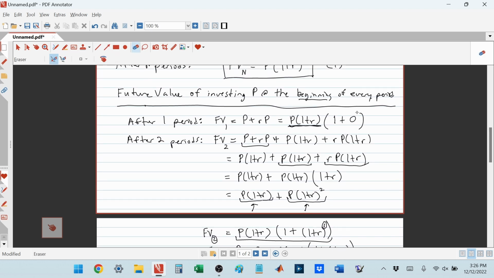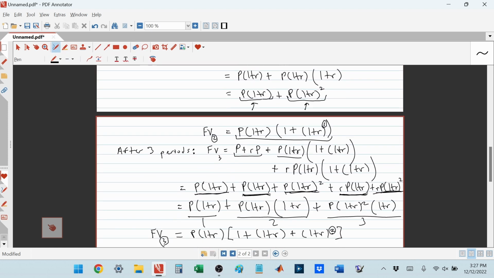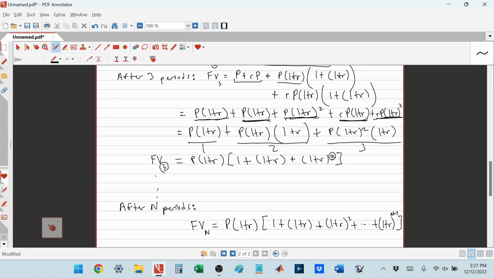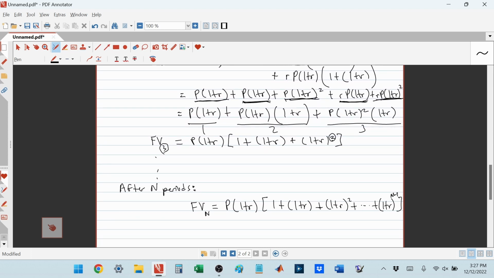And then up here, there's an implied 1. That's the pattern. We don't need to go back to there. But that is the pattern. So if the pattern keeps holding after n periods, we should have this formula.